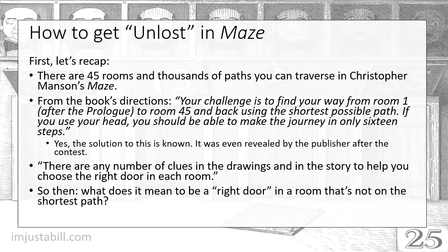So what about all those other rooms in Maze? Are we to assume that they don't have a correct door? I mean, we are told every room has a correct door. So what does it mean to be a correct door in a room that is not on the shortest path?